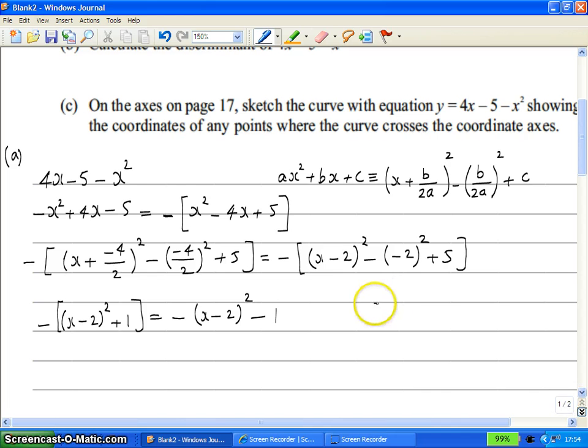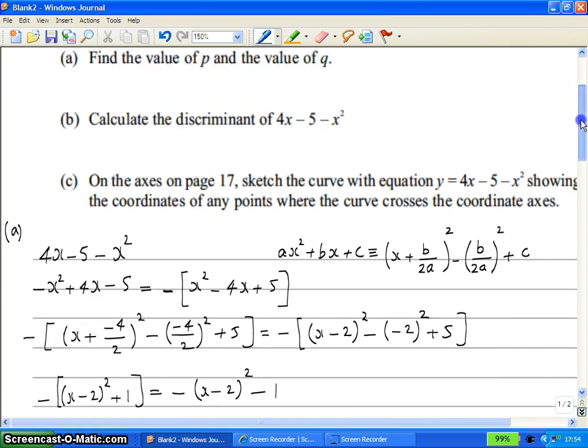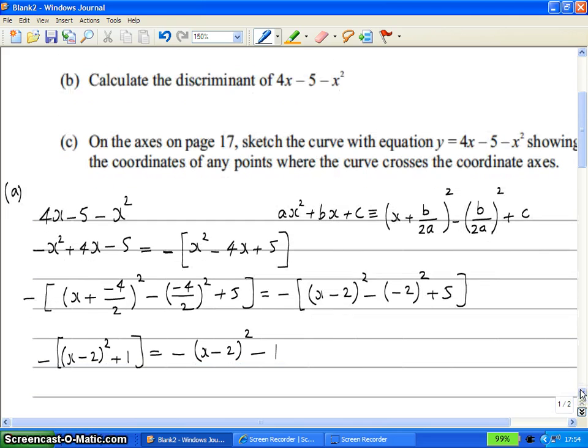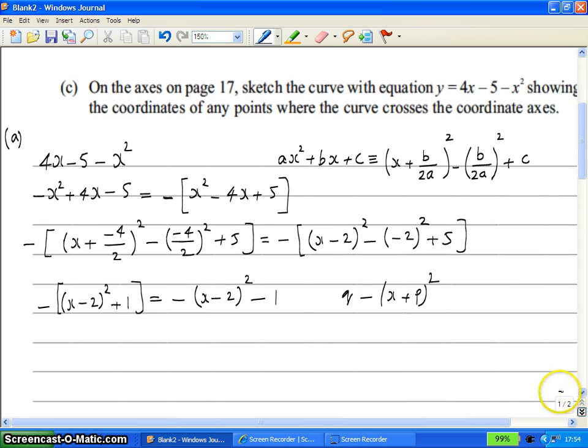Remember the requested form, they wanted us to present it in terms of, let's go back, q minus x plus p all squared. So we need to write down the constant bit first.